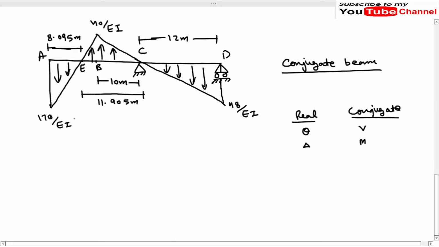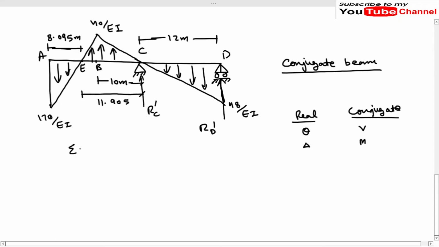Now to find the shear force and bending moment in the conjugate beam at any point, we should know the support reactions at C and D. So let us assume that the reaction at D is RD dash, and the reaction at C is RC dash.